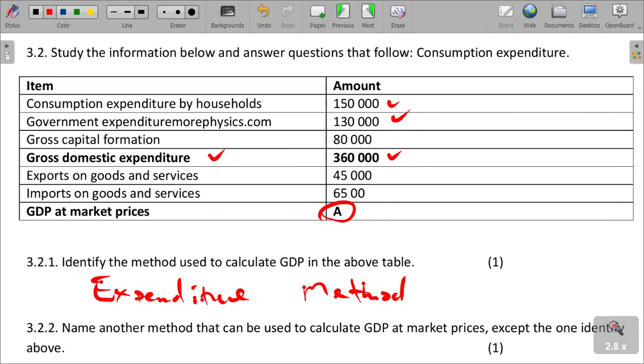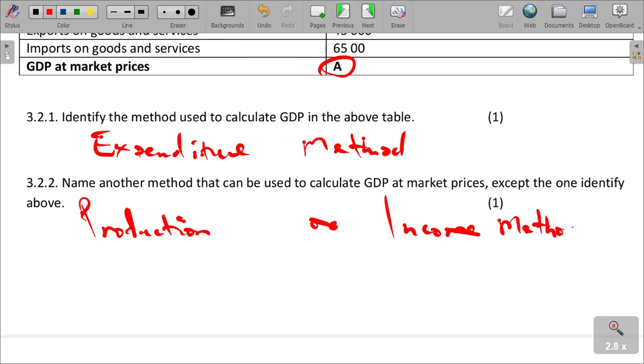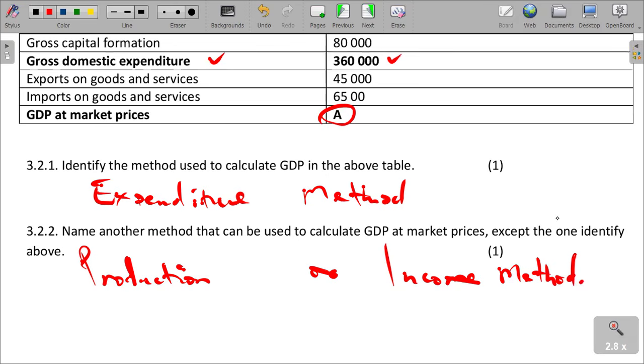Then we can also have other methods that can be used at market prices. When we talk about production or income, the production or income method can also be used in this case.